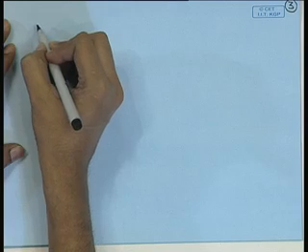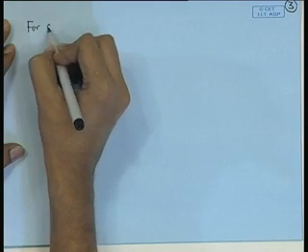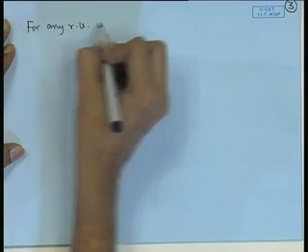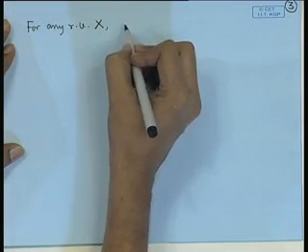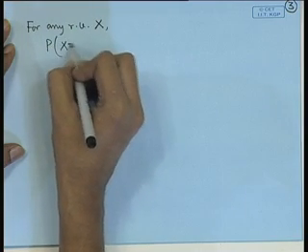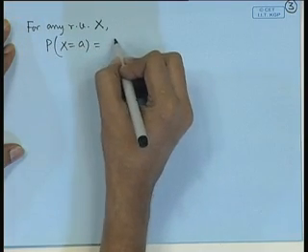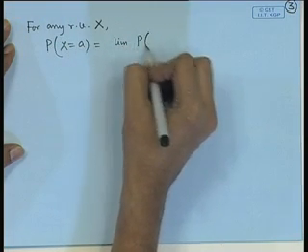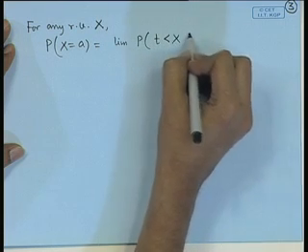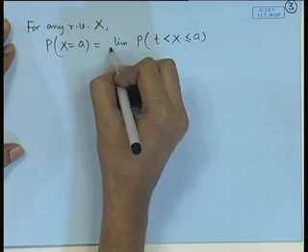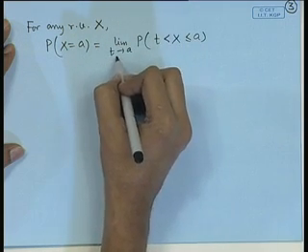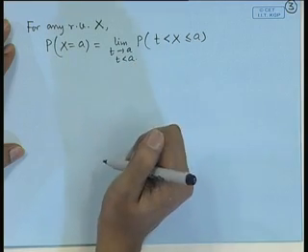To prove that, let us see firstly that for any random variable X, the probability that X is equal to a is equal to the limit of the probability of t less than X less than or equal to a, as t tends to a, where t is less than a.